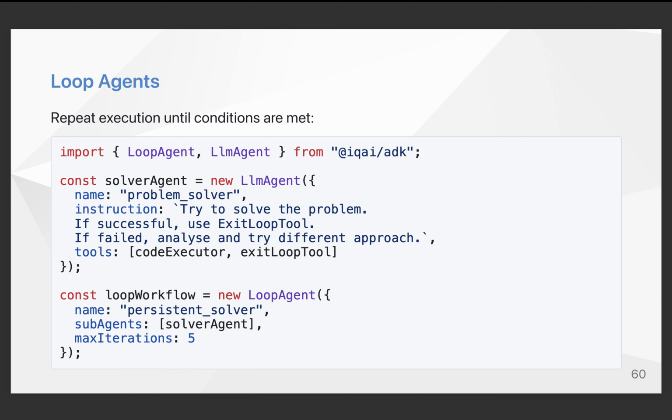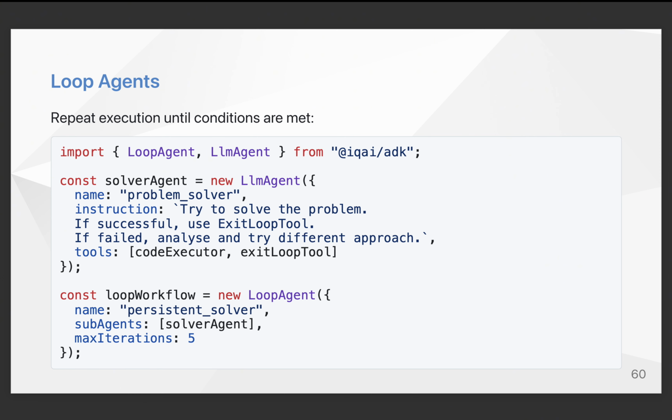Now, loop workflows repeat execution until success or a limit is reached, which is essential for iterative improvement. Here, we create a solver agent with special instructions to try to solve a problem. It should use the exit loop tool if successful, or analyze and try a different approach if it fails.